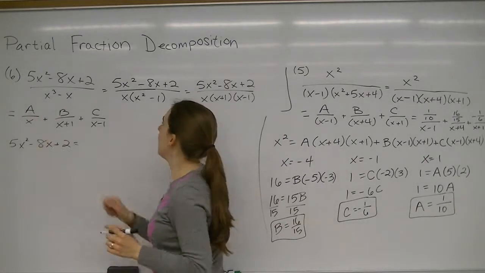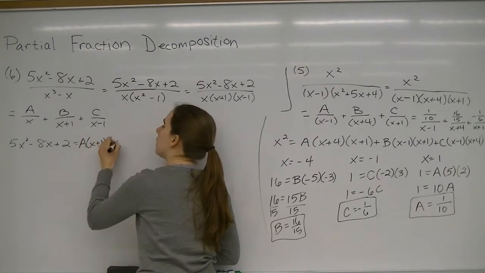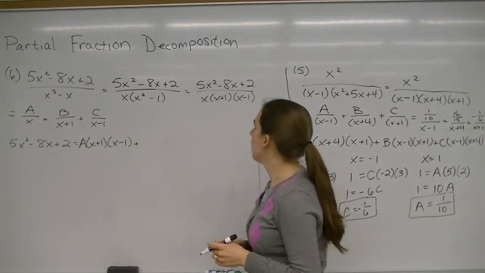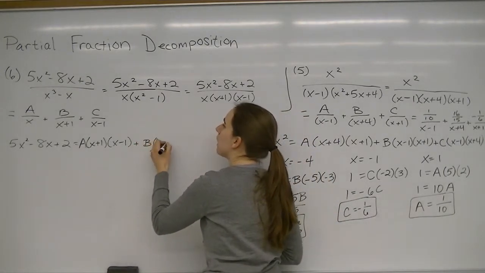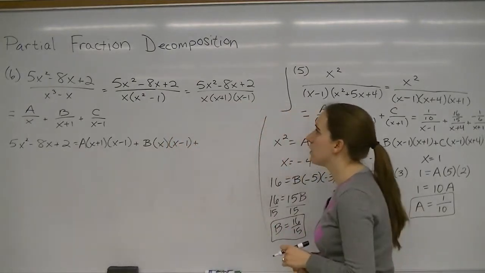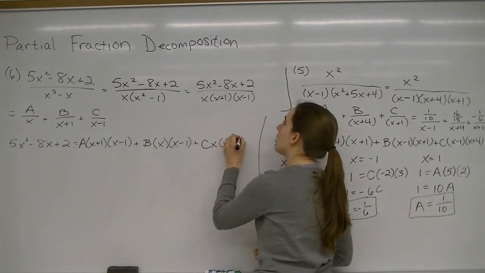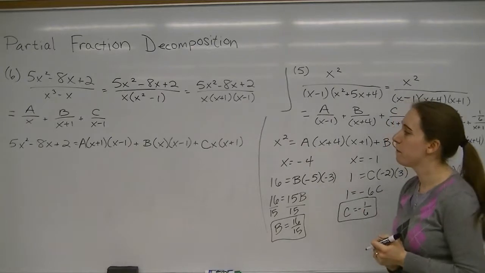Here the x and the x will cancel, so we're left with a times x plus 1 times x minus 1. Here the x plus 1 and the x plus 1 will cancel, so we're left with b times x minus 1. And then our last term, we're left with c times x plus 1, because the x minus 1's canceled.